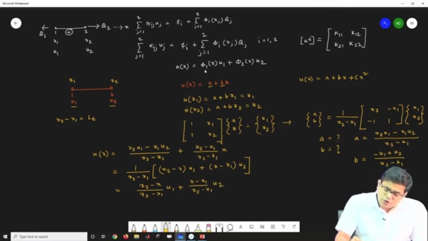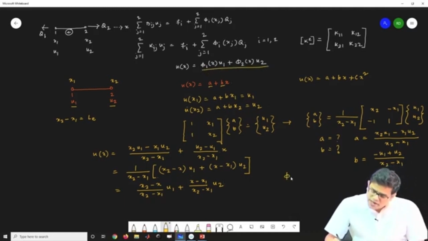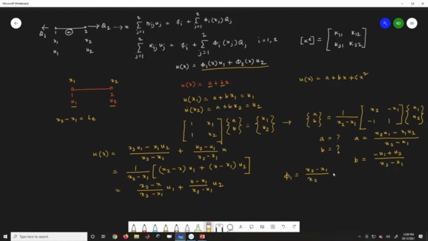Now if you look at this approximation, you will see that phi 1 is (x2 minus x) by (x2 minus x1), and phi 2 is (x minus x1) by (x2 minus x1).